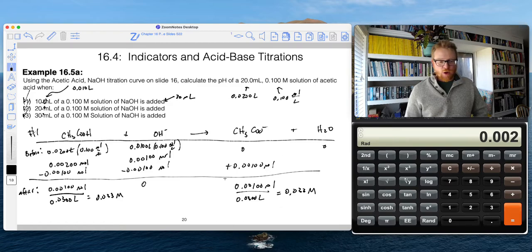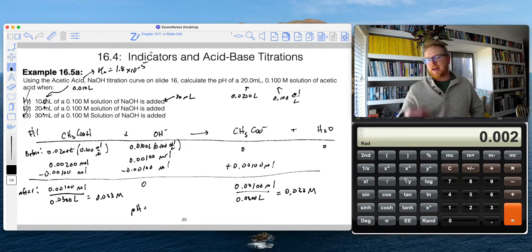Now if I was solving this problem, pH equals, and the Ka for acetic acid is 1.8 times 10 to the minus 5. You'd have to be given that number, obviously; I'd give you that number. So pH equals the negative log of 1.8 times 10 to the negative 5.